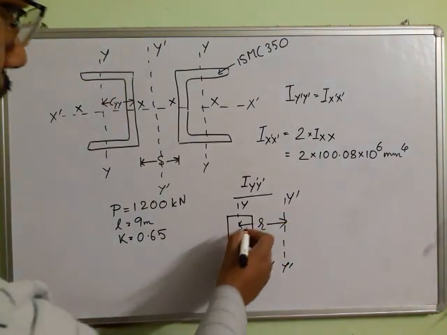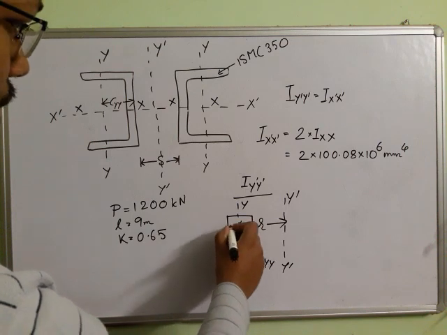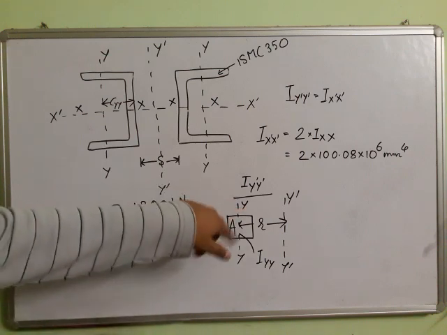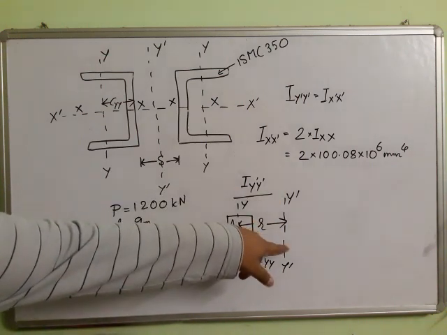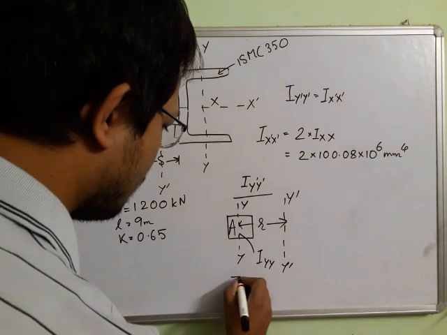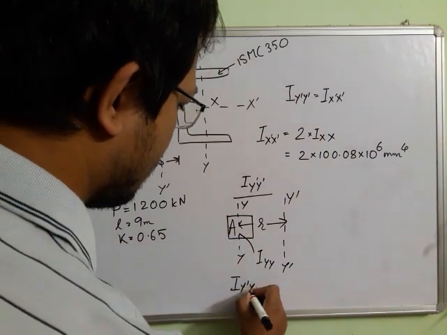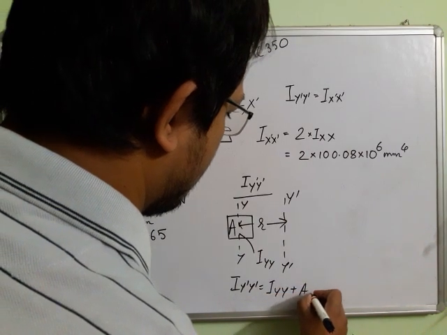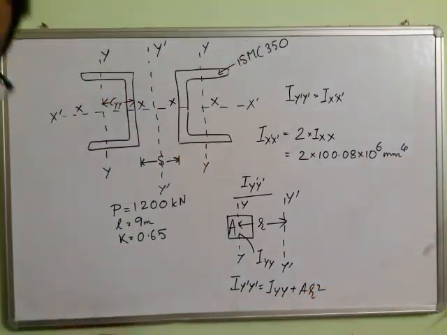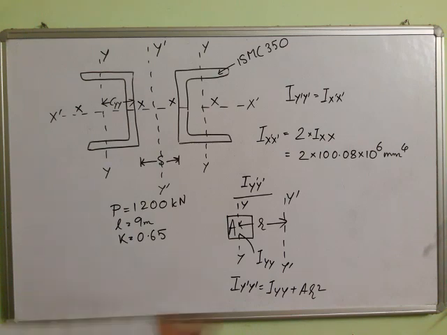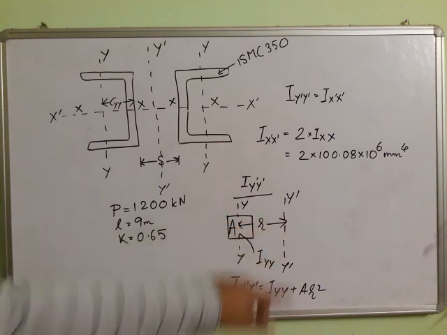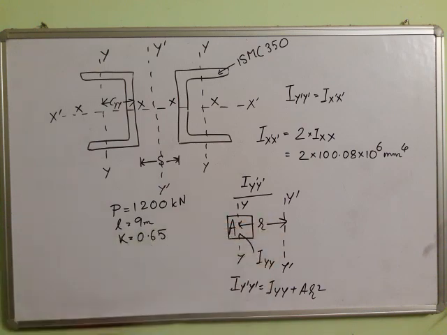Okay, and let us consider that this element has the area A. So the moment of inertia of this element about this axis will be equal to Iy plus area into the distance between the axes squared. So we have to use this concept.